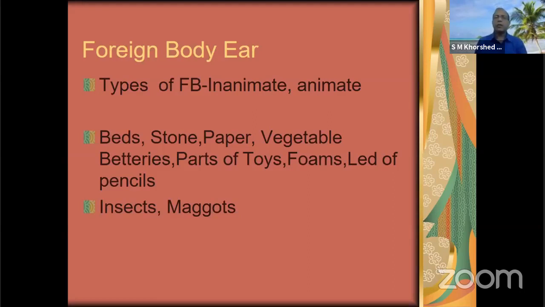Even ornaments from young girls' ears we have taken out. And the animate ones are insects and maggots. Maggots are due to infection, when an infection is not treated properly in an immunocompromised patient, then maggots grow from flies.